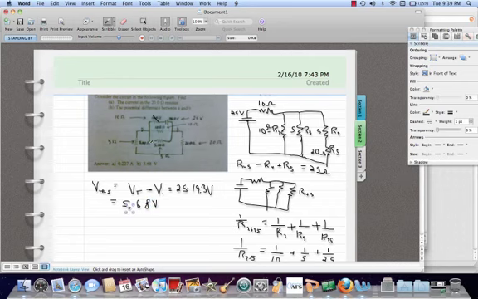So they also ask me here, what's the voltage drop from A to B? And if I look back at my drawing, this voltage drop is before I get to this 5 ohms that's connected to the 20 ohms. So that means my A here is at this point right here. So this is A. And then my B is after the 20 ohm resistor.